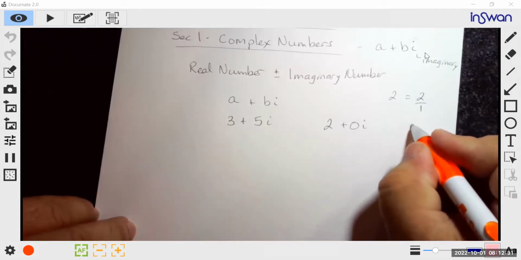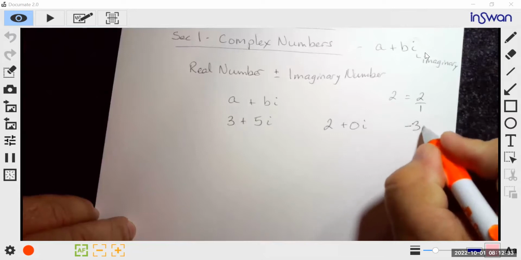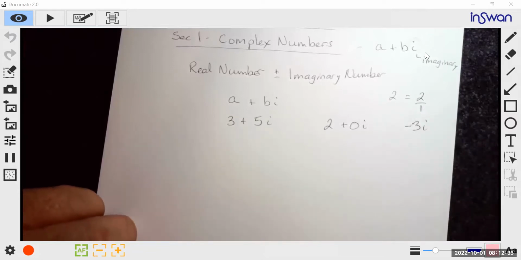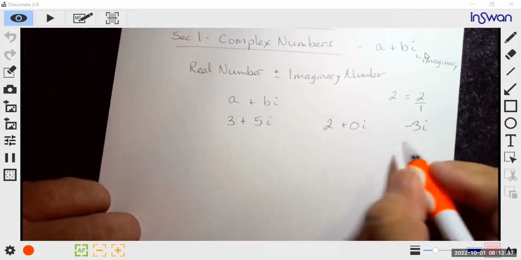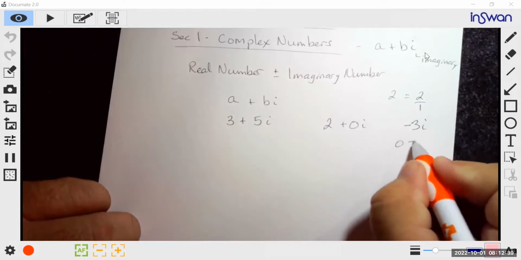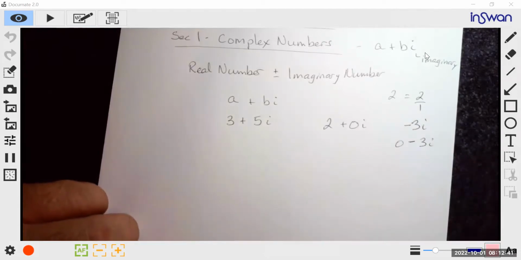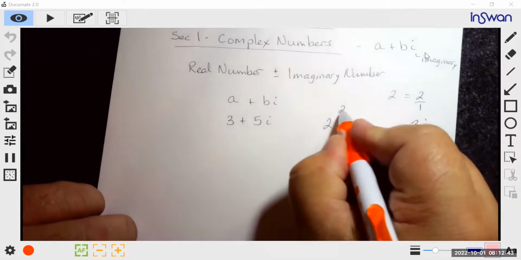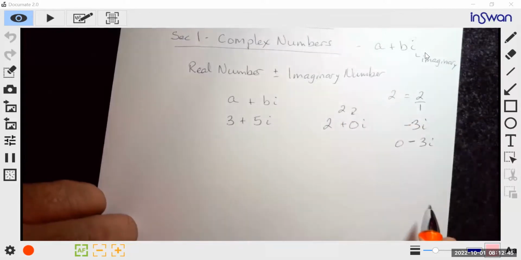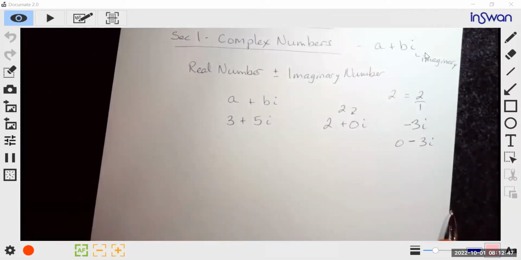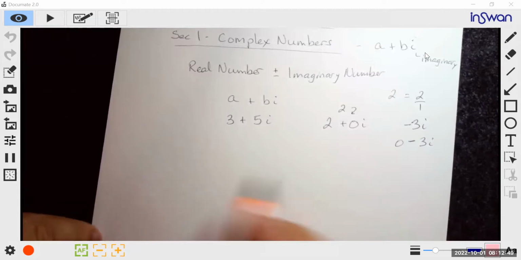And negative 3i is a complex number because it can be written as 0 minus 3i. So every number can be written as a complex number.